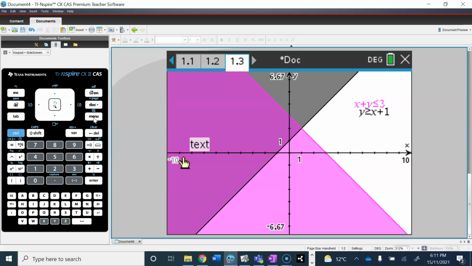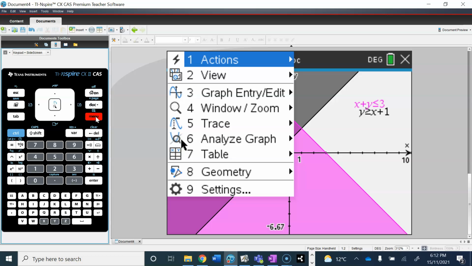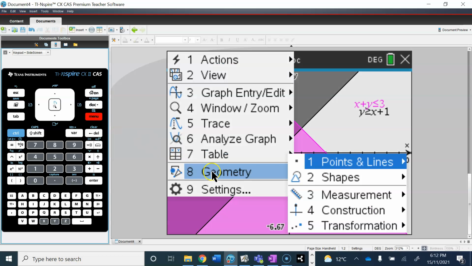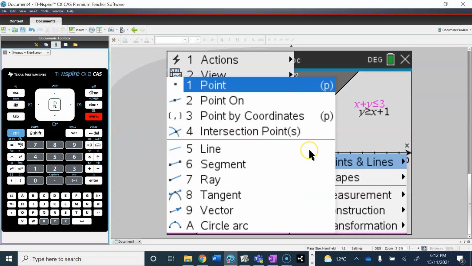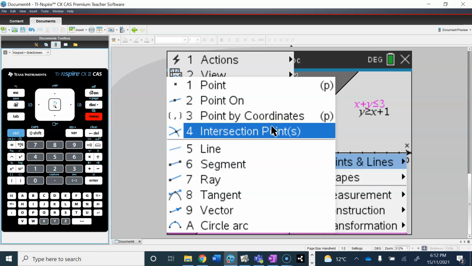But one thing I don't know that you've been shown, at least for a little while anyway, is intersection points of 2 lines. If you go into your menu, menu number 8, 1, 4. Okay, menu 8, 1, 4.